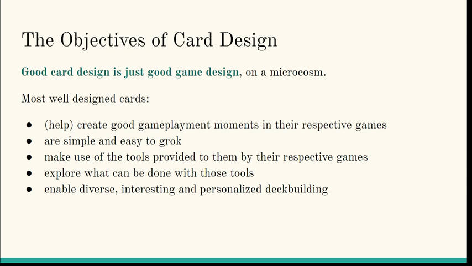All the things we think about in game design and all the objectives we have in game design still apply. We're still trying to make interesting dynamics and interesting game flows and give the players interesting decisions, and do all of these things that we try to do in game design. Now we're just trying to do it, instead of with the game mechanics, with the actual content of an individual card.